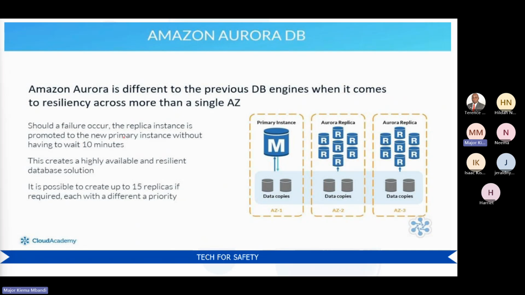Should a failover occur, the replica instance is promoted to the new primary instance without having to wait the 10 minutes. This creates a highly available and resilient database solution, and it is possible to create up to 15 replicas if required, each with a different priority.